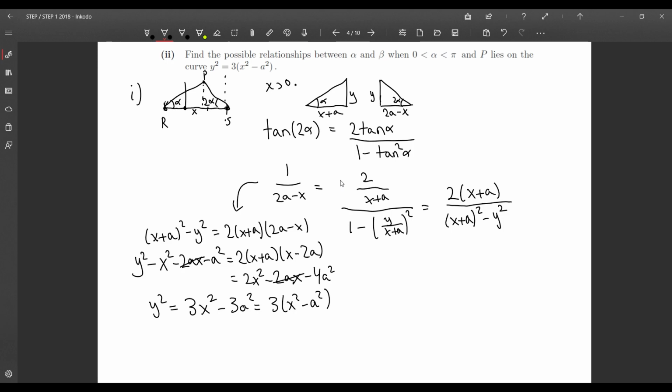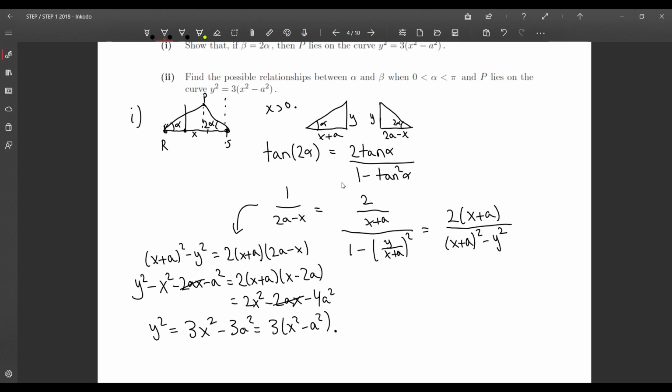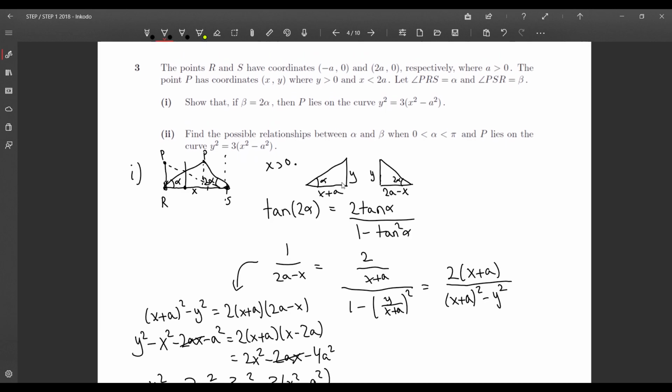And I think, yeah, even if x is negative, these lengths still work. But at the point where x reaches negative a, then alpha is going to be like 90 degrees, right? So it will be impossible for beta to be equal to 2 alpha at that point, simply due to the sum.